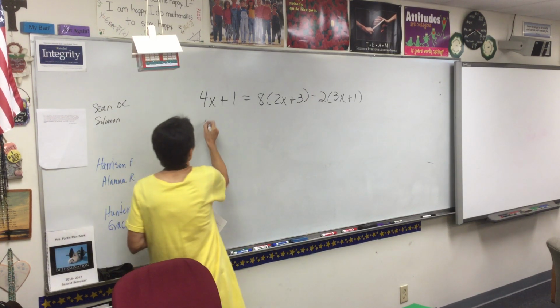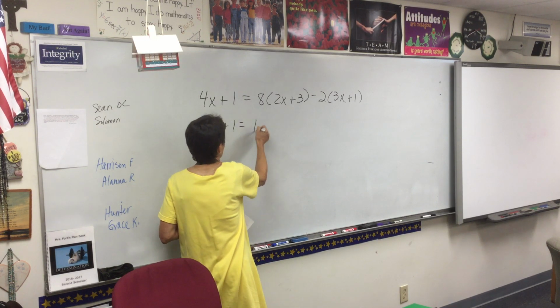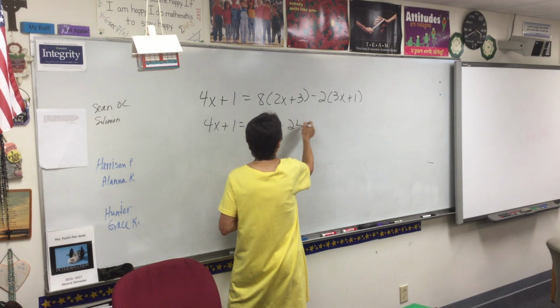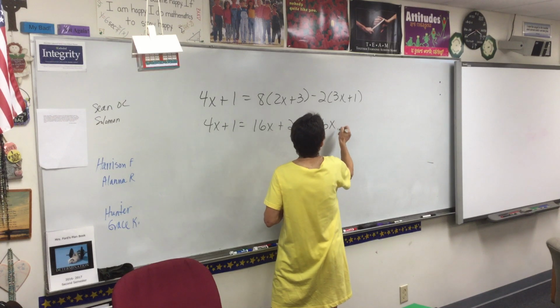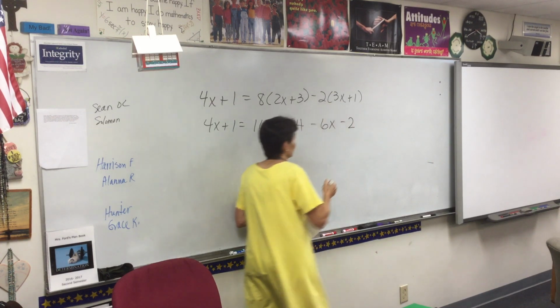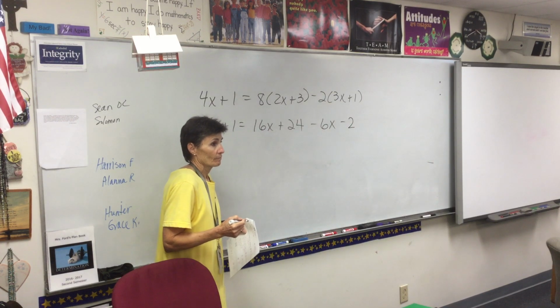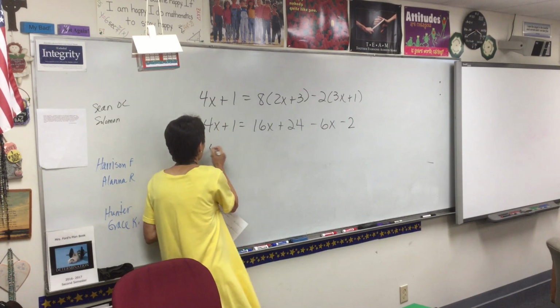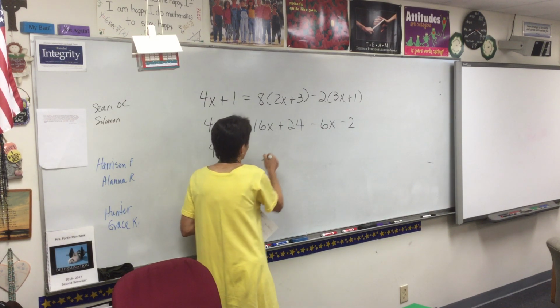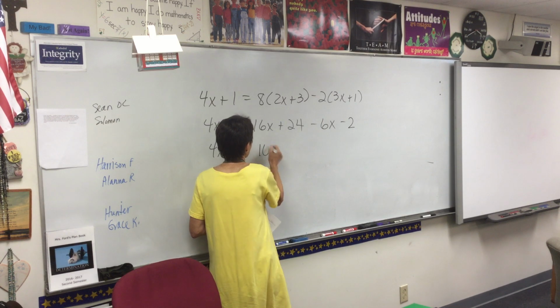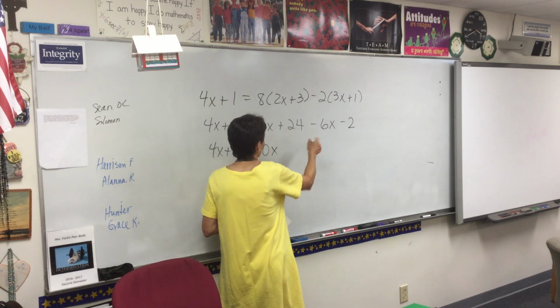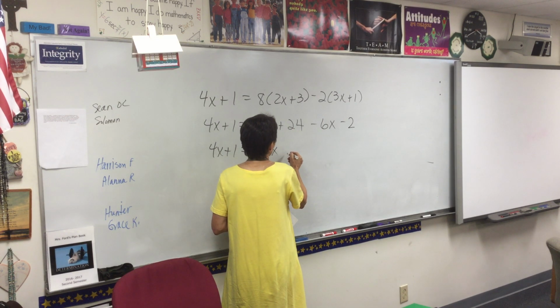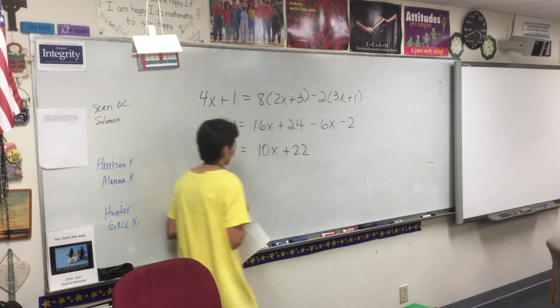So 4x plus 1 equals 16x plus 24 minus 6x minus 2. So we'll collect some like terms here. 16 minus 6 is 10, and 24 minus 2 is 22.